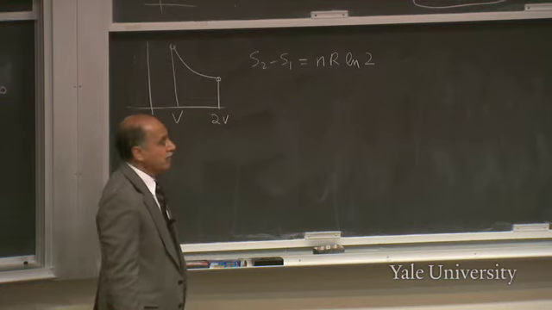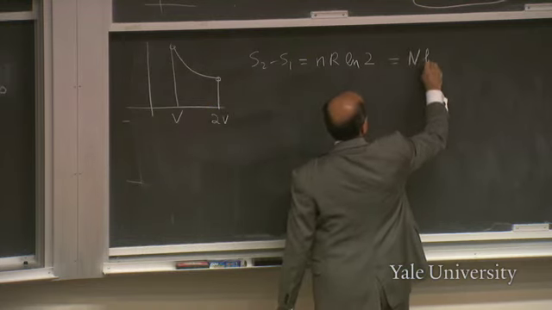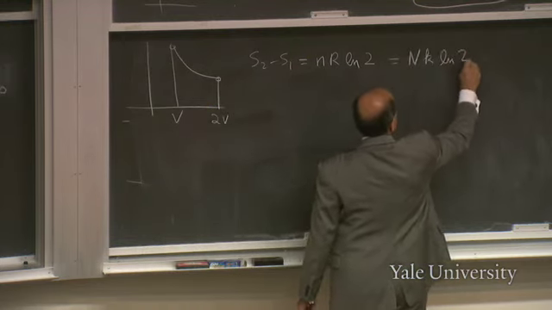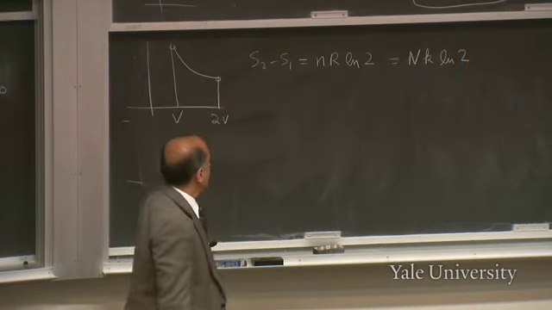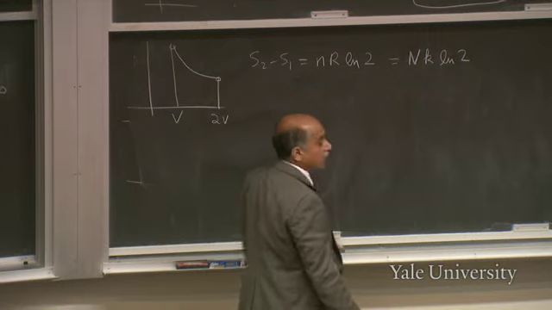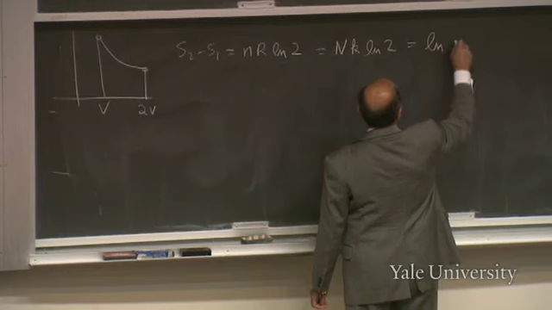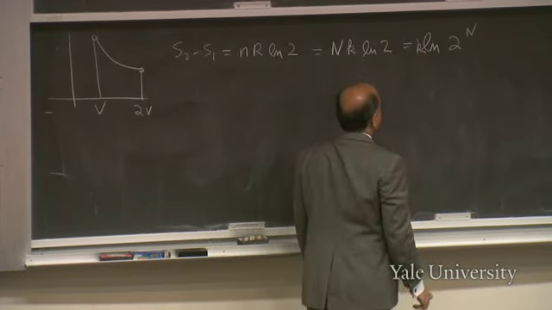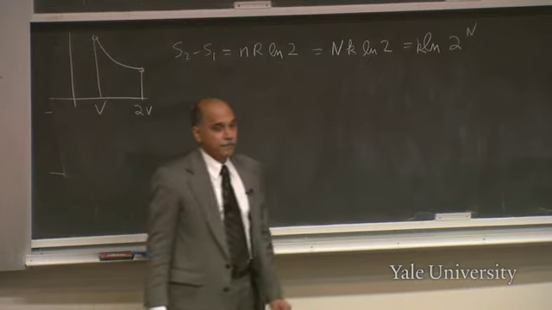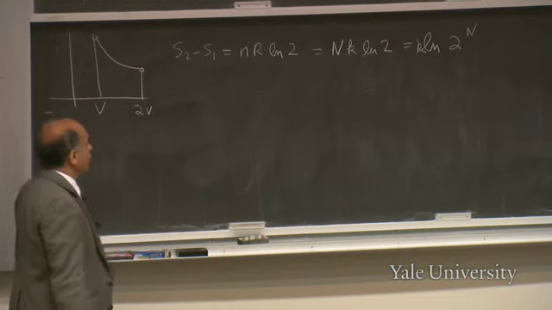The volume is doubled. Let me rewrite this as N K log 2, because the number of moles times R is the number of molecules times K. Let me rewrite that as log of 2 to the N times K. So now I will tell you what all these factors mean.